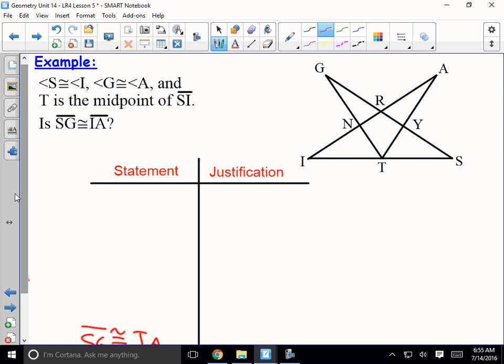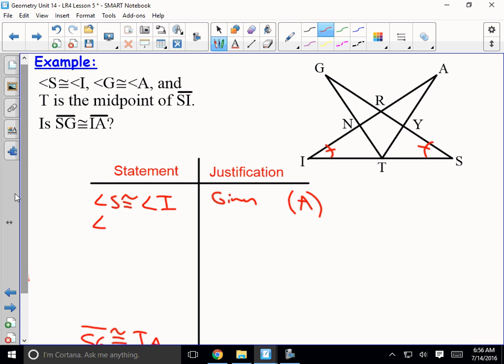We're told that angle S is congruent to angle I. That is a given statement. So we're told that this angle is congruent to this angle, and we already have an angle pair for that.